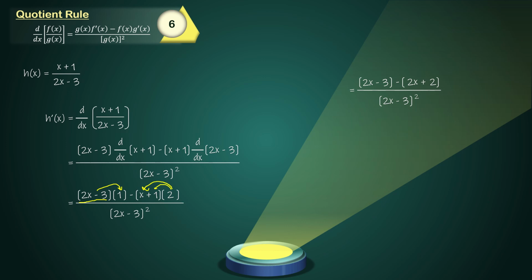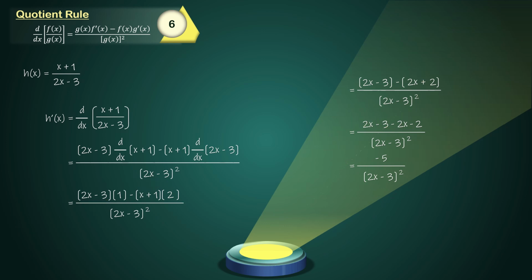It is equal to 2x minus 3 minus 2x minus 2 all over the denominator. Combine similar terms. 2x minus 2x is 0 and negative 3 minus 2 is negative 5, all over the denominator. The derivative of the function is negative 5 over the square of 2x minus 3.